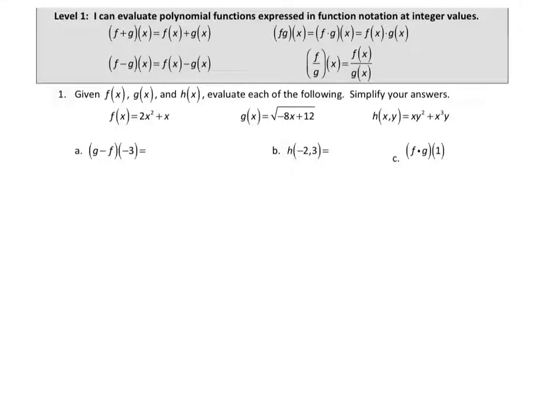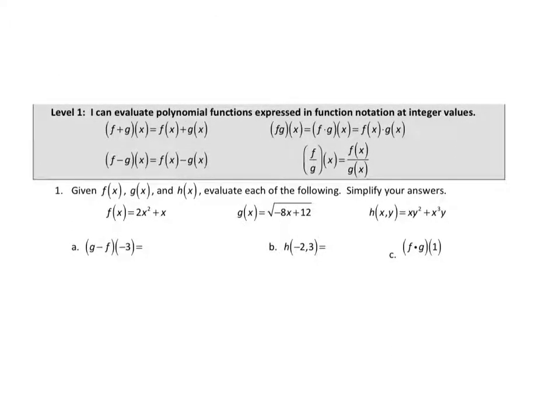In Level 1, we will be evaluating functions and function notation. In the past, we have evaluated simple functions, like we might have had an equation like j of x equals 2x squared plus 5x.